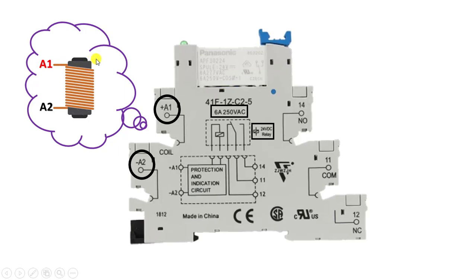This coil forms the working principle, my friends. Here is the main working principle. The current passing through a wire creates a magnetic field. With this magnetic field, we control our contacts, and therefore, we control our load.